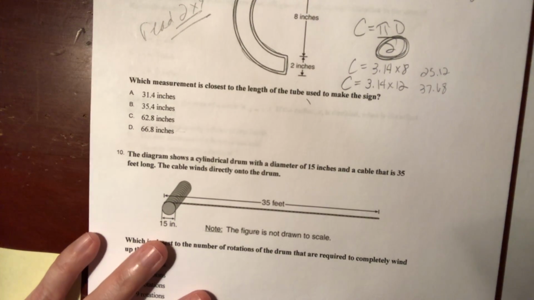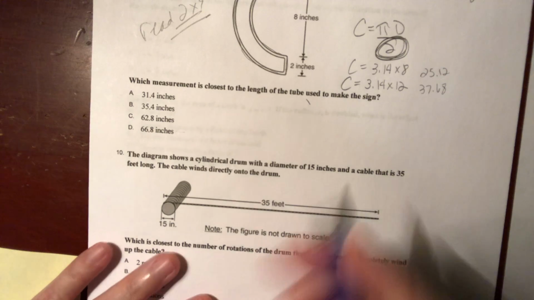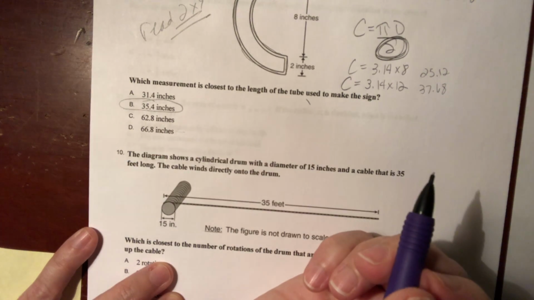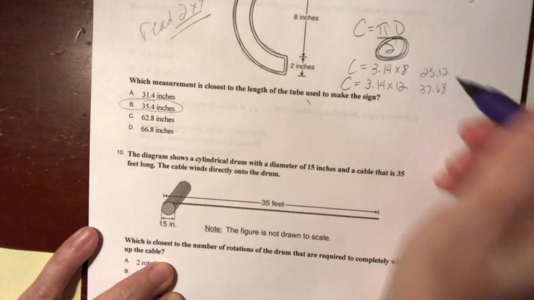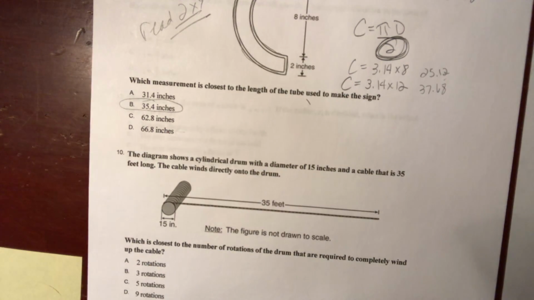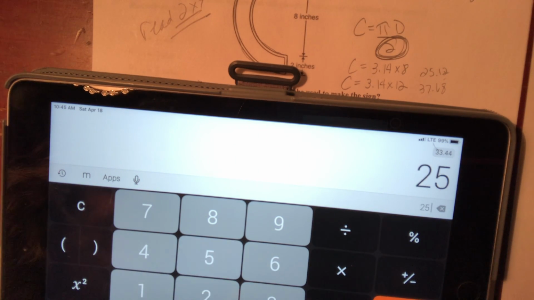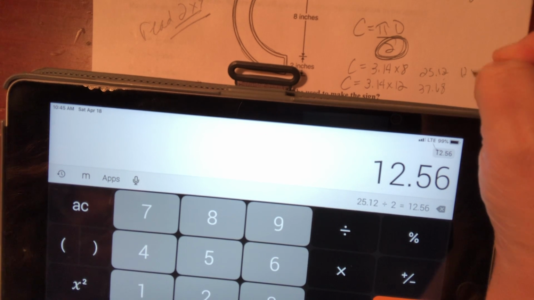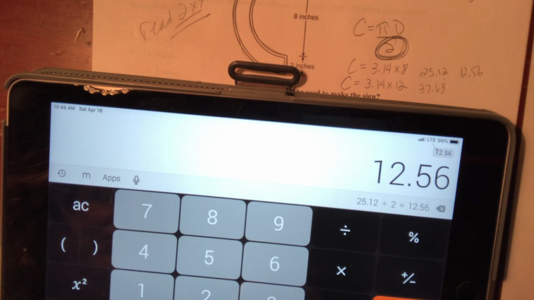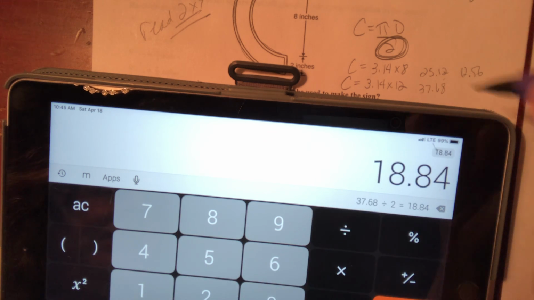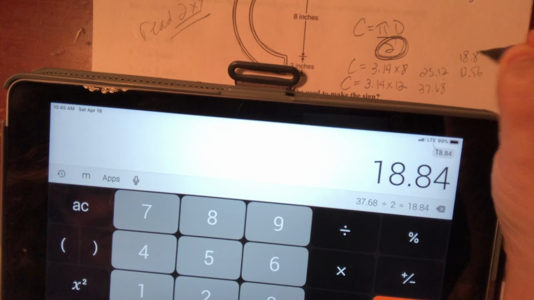So 66.8 divided by 2 is 33.44, which is pretty close to this. And the reason it's not exact is because I really should divide these by 2. So let's be exact. 25.12 divided by 2, 12.56. 37.68 divided by 2, 18.84 plus 4.